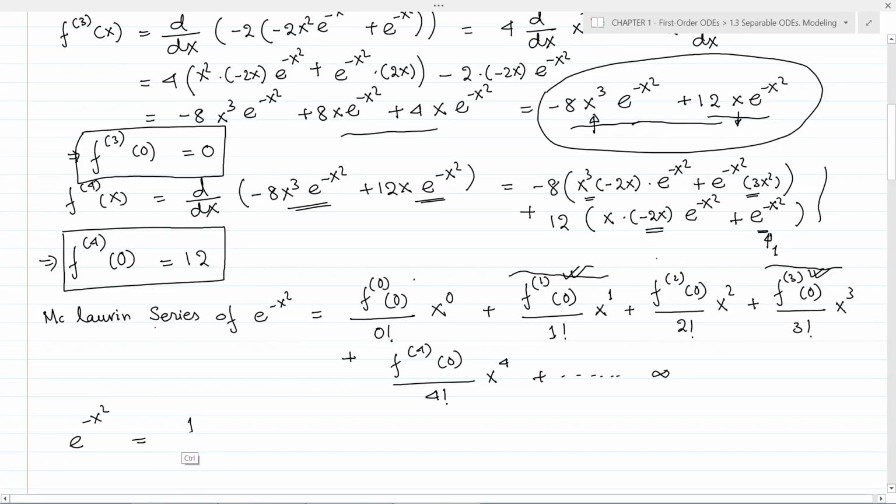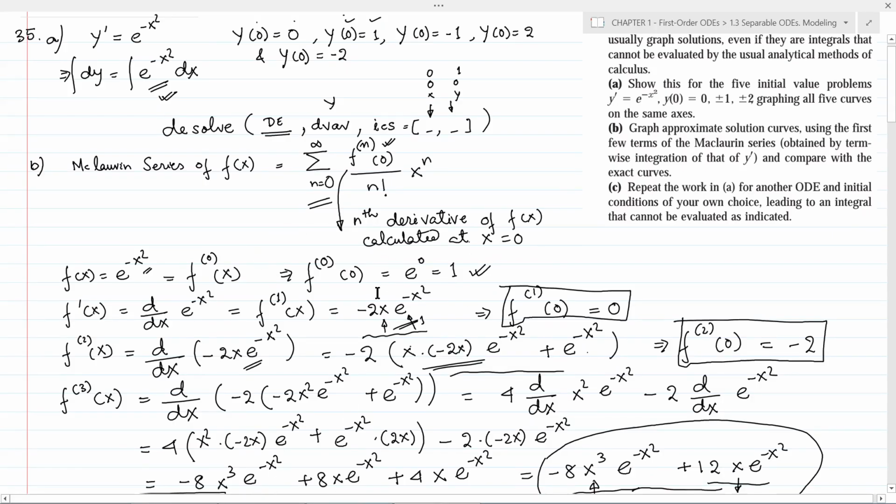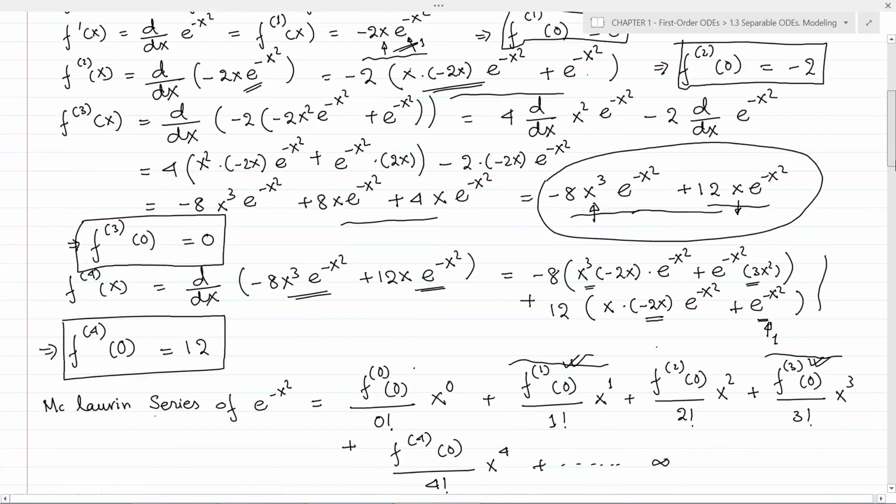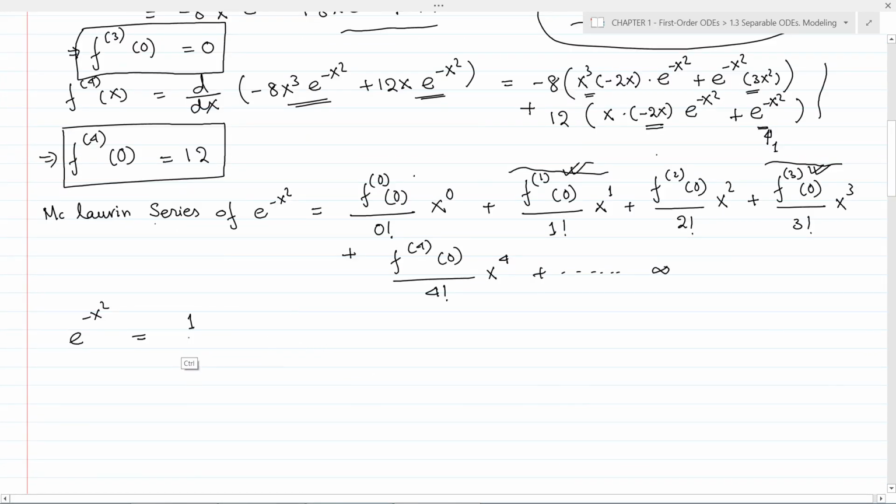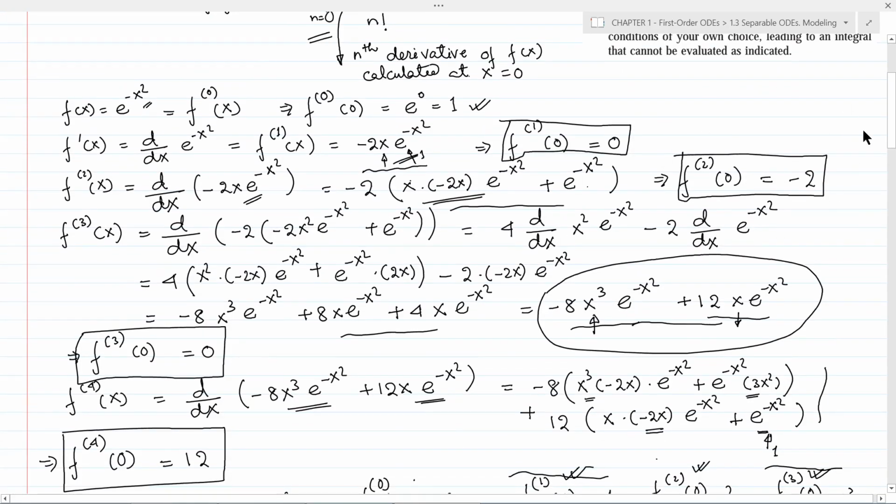f0 of 0 we had calculated to be 1 over here, so f0 of 0 is 1 divided by 0 factorial x to the power 0, plus f2 of 0, which we had calculated to be minus 2 over here.